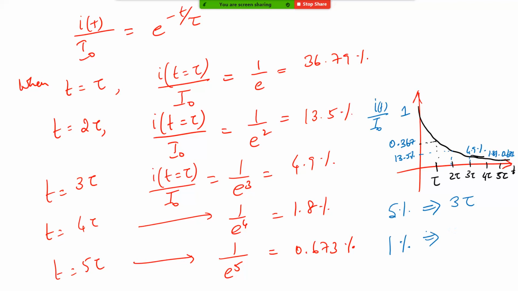If you back calculate, I of t by I naught equals 0.01 equals e to the power minus t by tau, you will end up with t equal to 4.6 tau. Some people might say 10% settling also. Depending on your application, but typically 5% settling means wait for 3 tau, and 1% settling means wait for approximately 5 tau, or 4.6 tau to be very accurate.